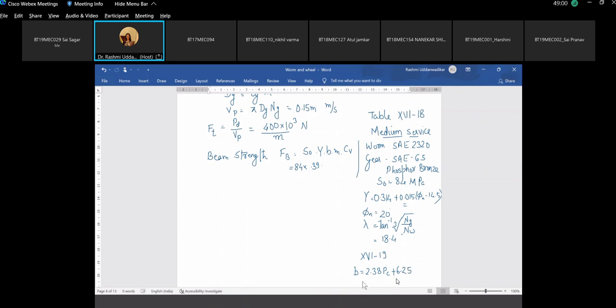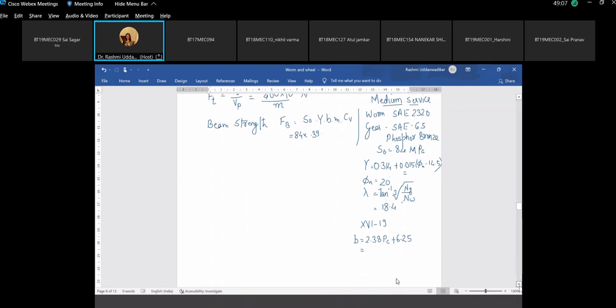What is circular pitch in terms of module? Pi into m. Now this m is unknown. Here you have one more term in m. Here you will be getting something by m. And so this would be a complicated equation if I use this as 2.38 pi m plus 6.25.